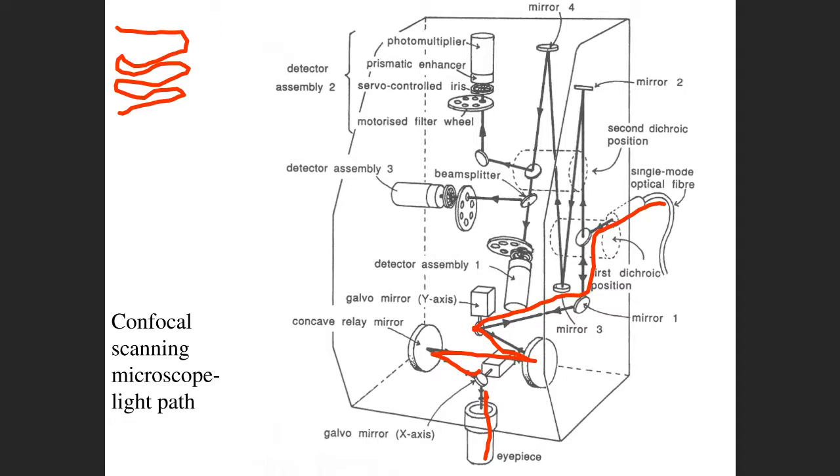Oh, I want green. Okay, so the green light comes back here, and back here, here. And then it goes through the mirror. And this mirror is half transparent, manufactured so that it allows certain wavelengths to go through, and then comes here.